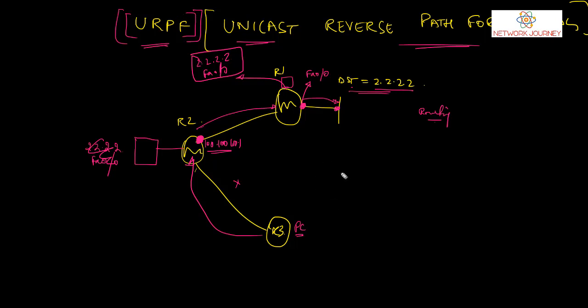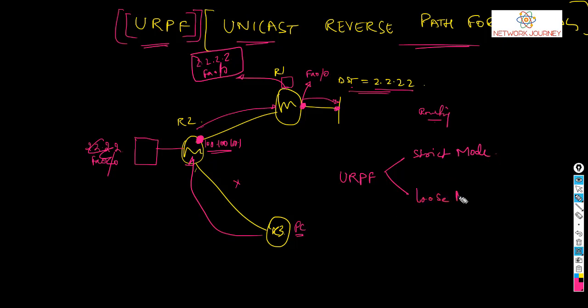So there are two ways this works. The first one is called strict mode, and the second one is called loose mode. In the case of strict mode, it's going to see two terms, and then it's going to allow the packet. The first is who the source is. It's going to see if the packet is coming from the right source, or if it has been spoofed by someone else.